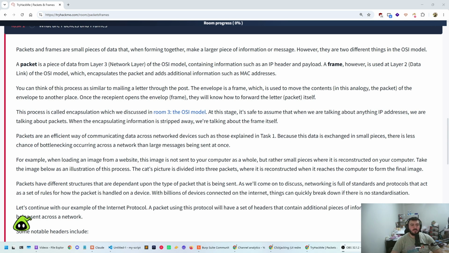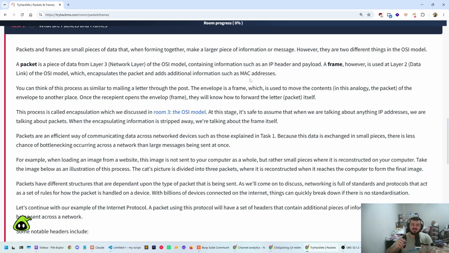So a packet is a piece of data from layer 3, which is the network layer of the OSI model, containing information such as an IP address and payload. A frame, however, is used at layer 2, data link of the OSI model, which encapsulates the packet and adds additional information such as MAC addresses. So a frame has a packet inside of it.